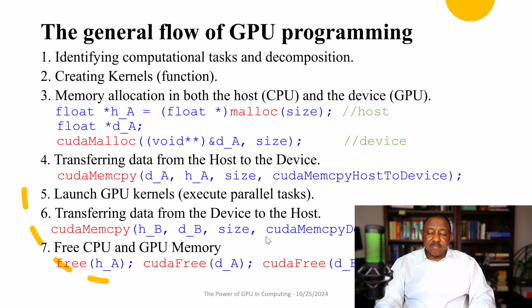After that, there are many examples that we will try next time to discuss. So now you know the GPU architecture, CUDA programming, and the general flow of CUDA programming. So next time, we will do it practically.